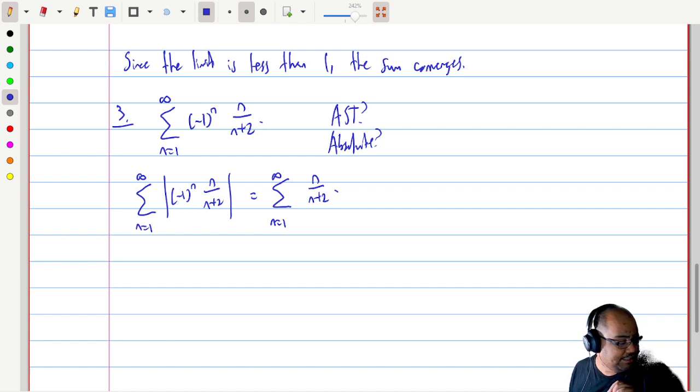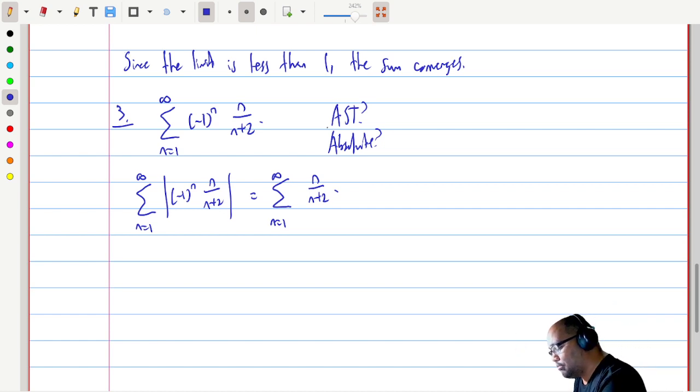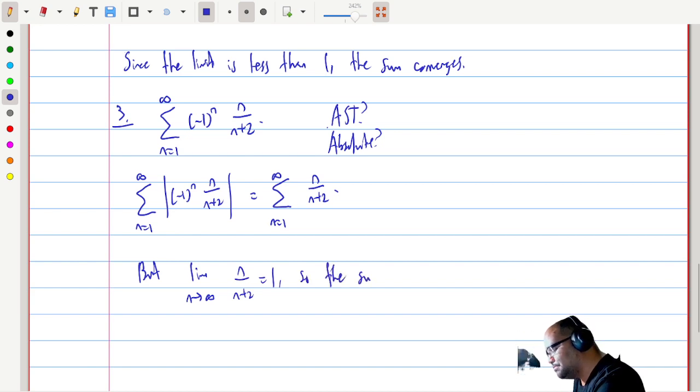This diverges because if we take the limits, the limit of this thing is 1, so the sum diverges.